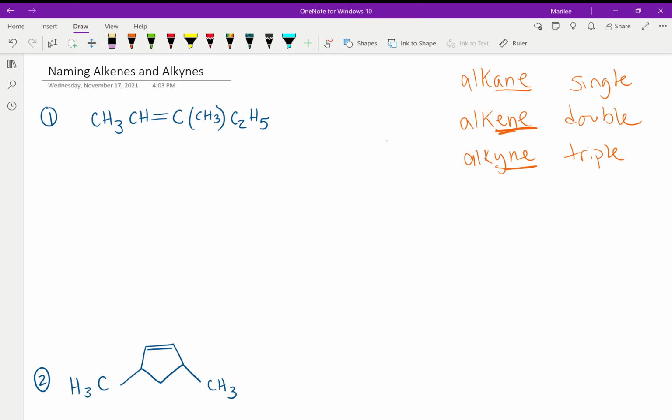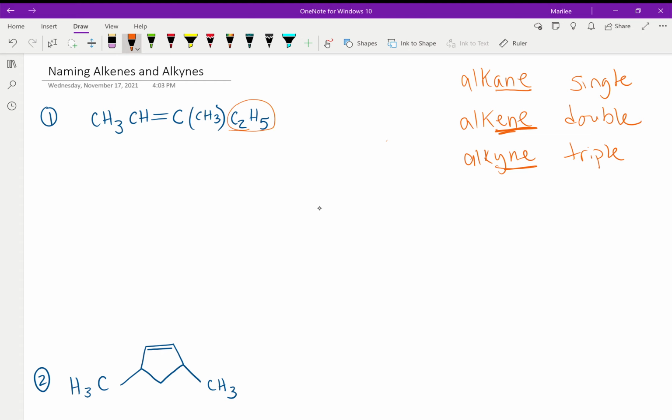Okay, so if we look at an example, here we have example 1. We have a CH3 group bonded to a CH group, and that has a double bond to a carbon attached to a CH3, and that is bonded to a carbon attached to another carbon, and then we have 5 hydrogens. So I'm going to branch out everything so you have a better view of this area, so you're not confused.